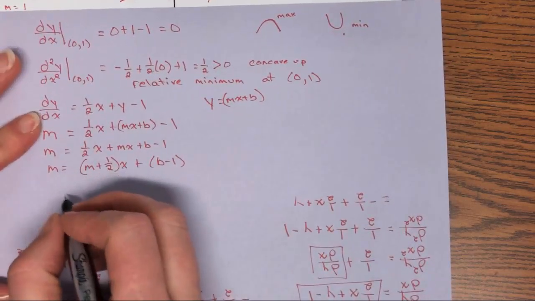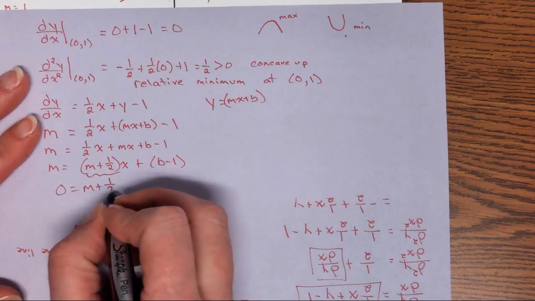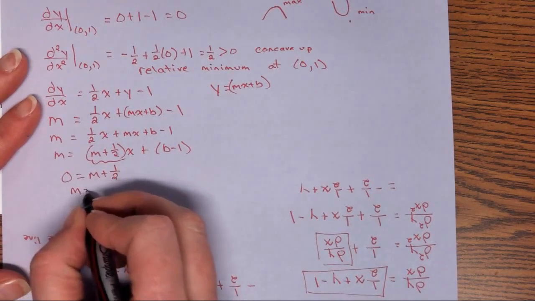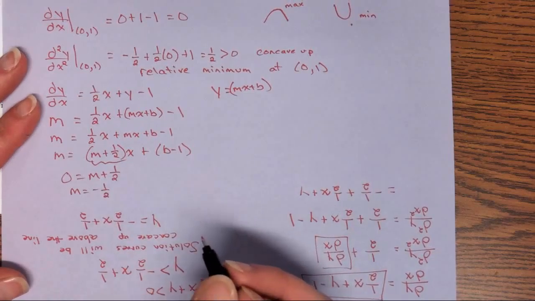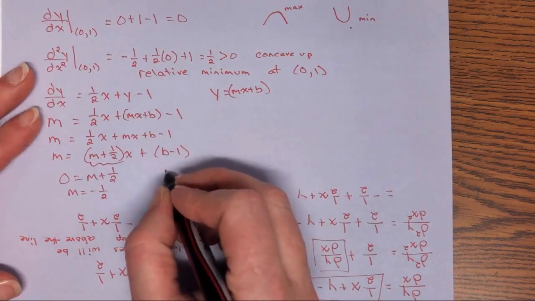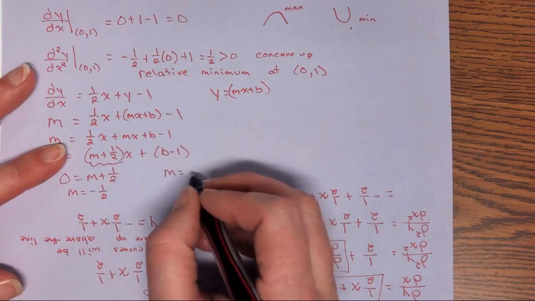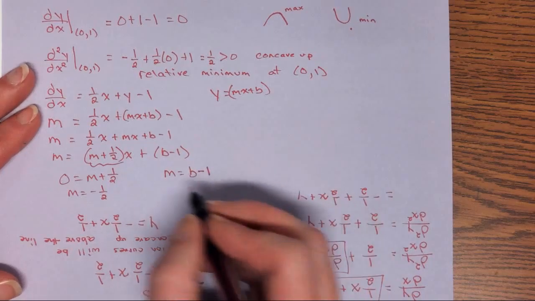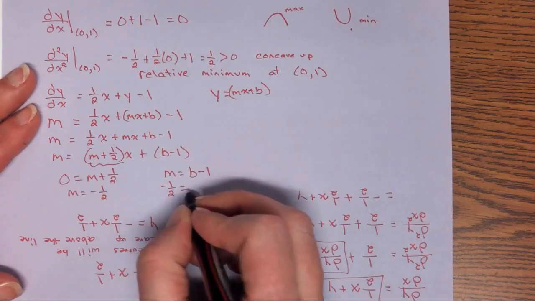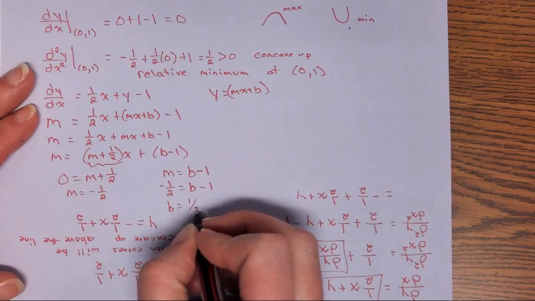If you have a slope that's 0, that's when this is 0. So that means m is negative 1/2. Now let's plug that in here. We have m equals negative 1/2 plus 1/2 is 0, x equals b minus 1. Oh, I'm sorry, negative 1/2 equals b minus 1. So b is 1/2.